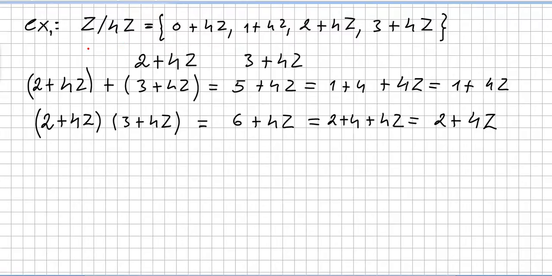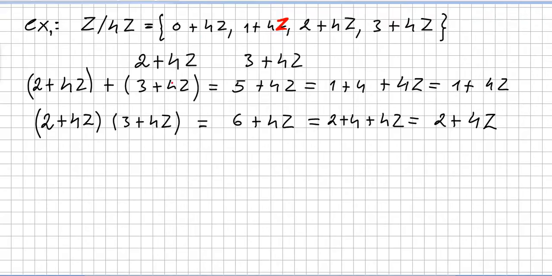So the factor ring Z by 4Z is the set of 0 plus 4Z, 1 plus 4Z, 2 plus 4Z, and 3 plus 4Z. Of course, 4 plus the multiples of 4 will be 0 plus the multiples of 4.